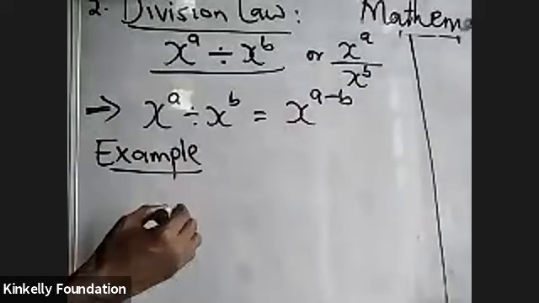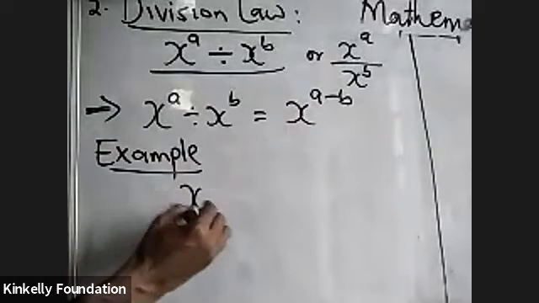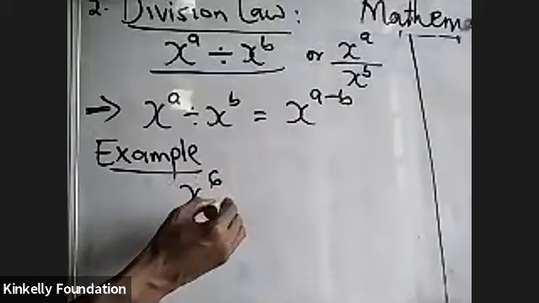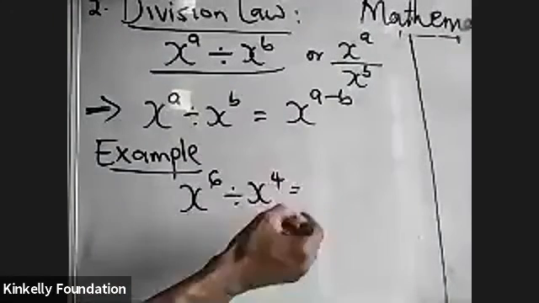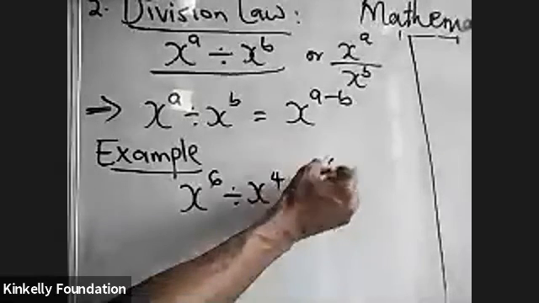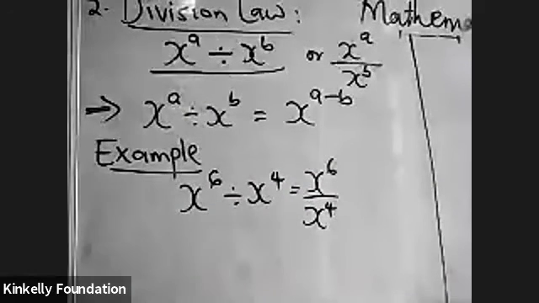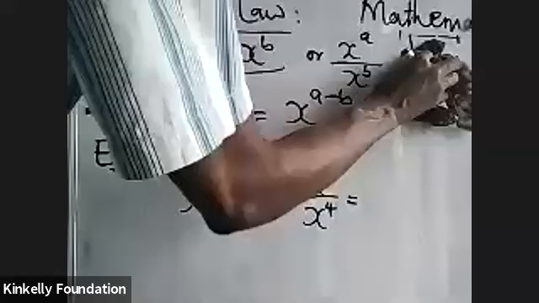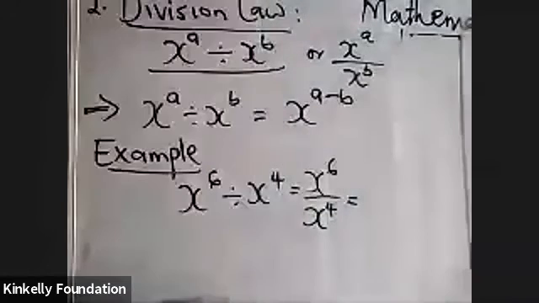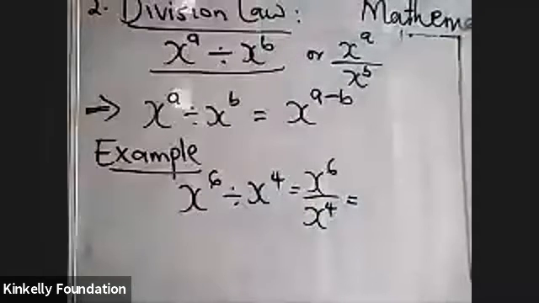If you say S raised to power 6 divided by S raised to power 4, you know this is the same thing as saying S raised to power 6 over S raised to power 4. Now, you can easily expand this.